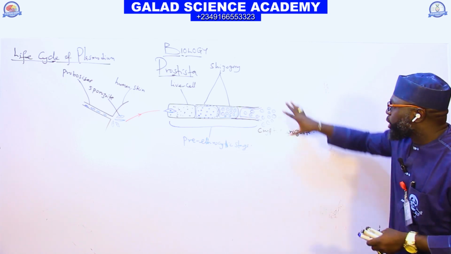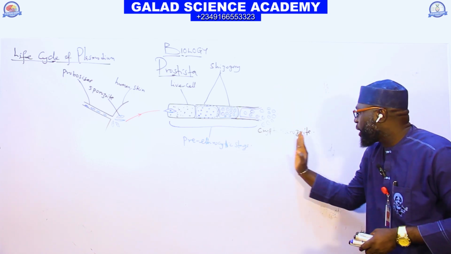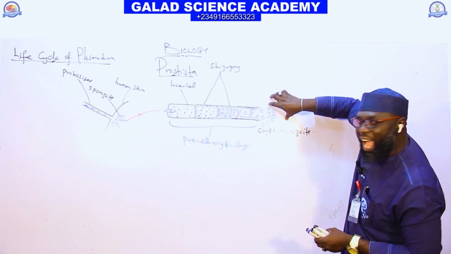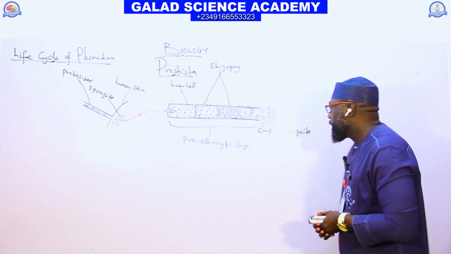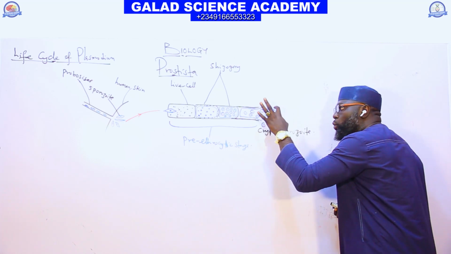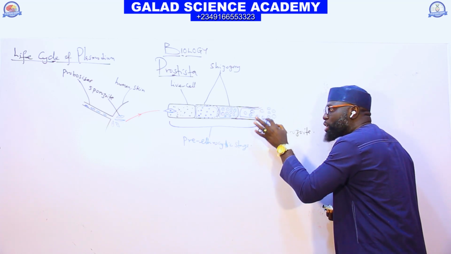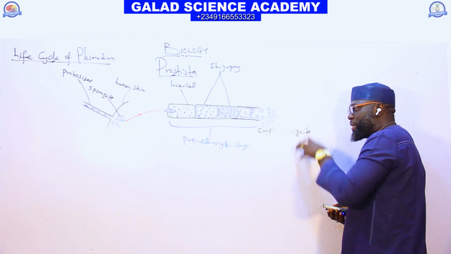So look at the product we have here, which is cryptomerozoite. The daughter cells we have are of different sizes. Some here are small, some are big.